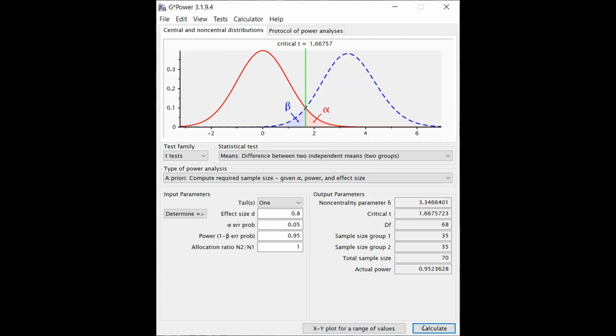Calculate. My sample size fell again. Now it's only 70. But looking just one direction makes your test more powerful than looking two directions. So you'd be looking for an increase or a decrease. Usually to the right, it's an increase, and to the left, it's a decrease.